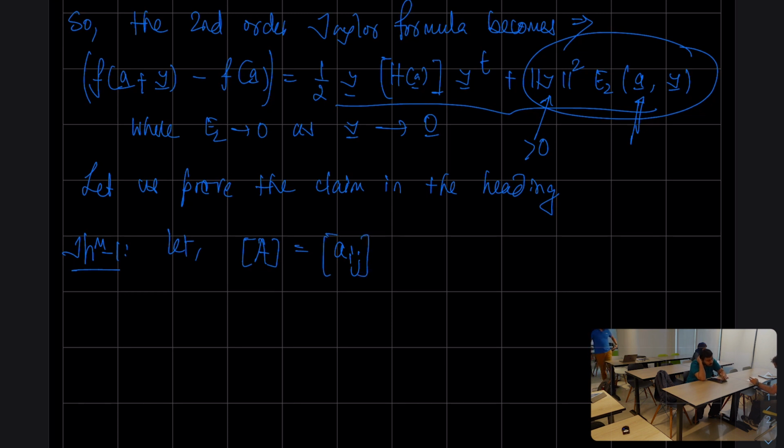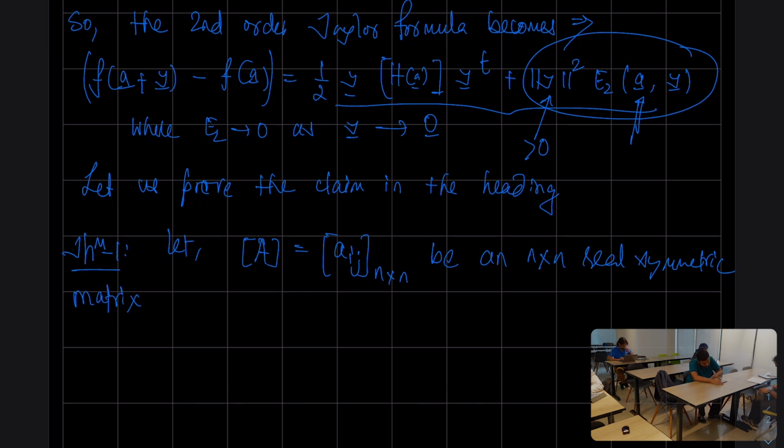So, let A be an n by n square matrix, but it's more than that: it has to be an n times n real symmetric matrix.